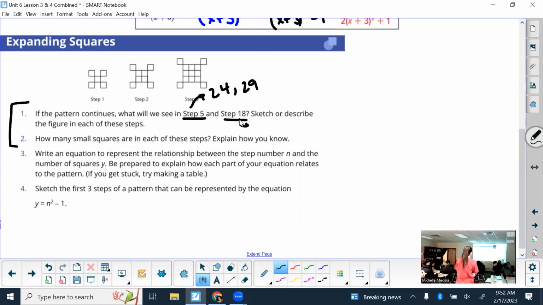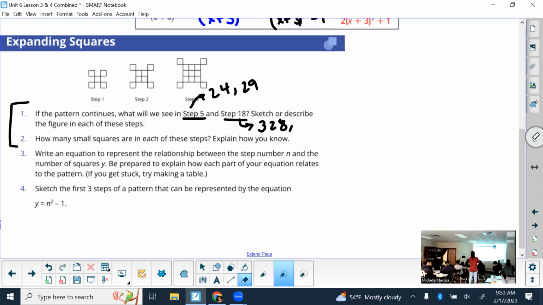What about step 18? What do we get? Landon? Okay, 328. Anyone get something different? Brian? 323. And any other answers in those?